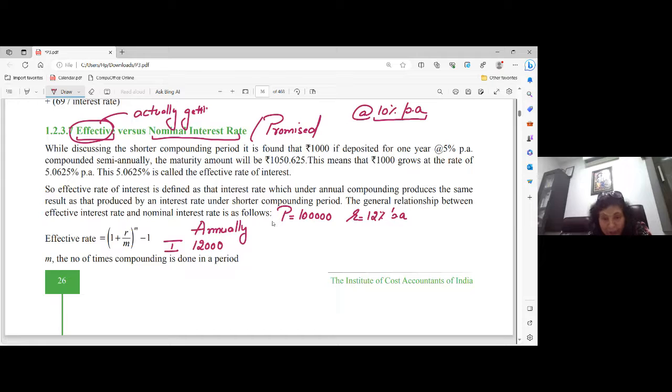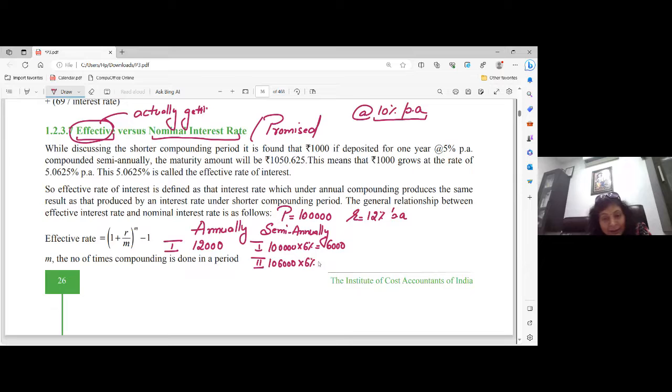Now the second case: suppose they provide interest semi-annually, that means after every 6 months. Then the first installment will be after 6 months, and that is 1 lakh into 6%, which becomes 6,000. The second interest will not be on 1 lakh, but on 1 lakh 6,000, because in compound interest, interest is charged on the amount.